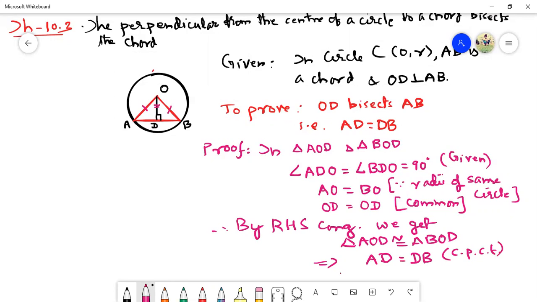Hence proves that perpendicular OD bisects AB. That was required to prove.